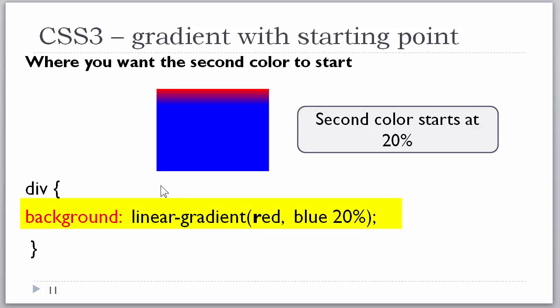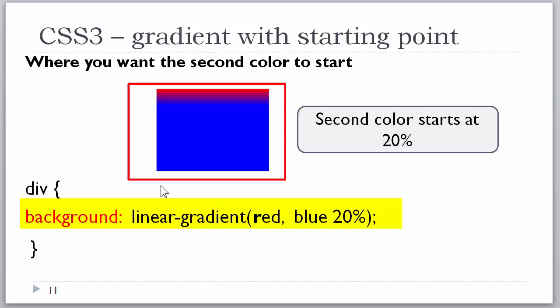In the linear gradient value, in our parentheses, our parameters red, comma, blue 20%. That means that the blue will start 20% down, and you can see that happening, and eventually it's almost a solid blue. So you can create these starting points for your various colors.